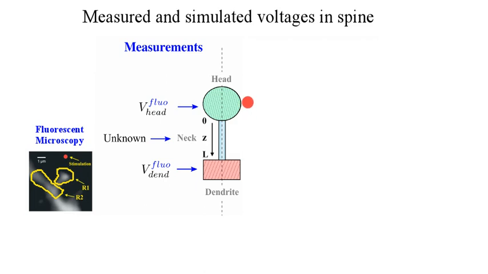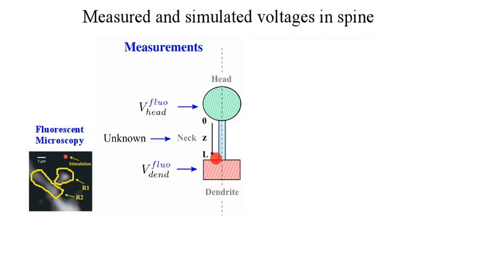We have the fluorescence that should be proportional to the voltage here in the head. We have some information that could be extracted, which is the length here of the dendritic spine, but the radius is too short to be extracted. So this will be a parameter that will be explored later on.